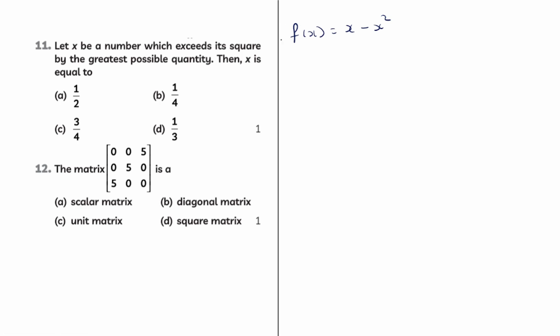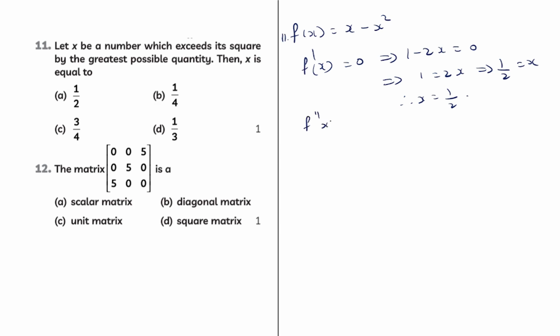So to find the point of local maxima, first we have to find the critical points. So f dash of x equal to 0 implies 1 minus 2x is equal to 0, implies 1 is equal to 2x, or 1 by 2 equal to x. Therefore, x is equal to half.